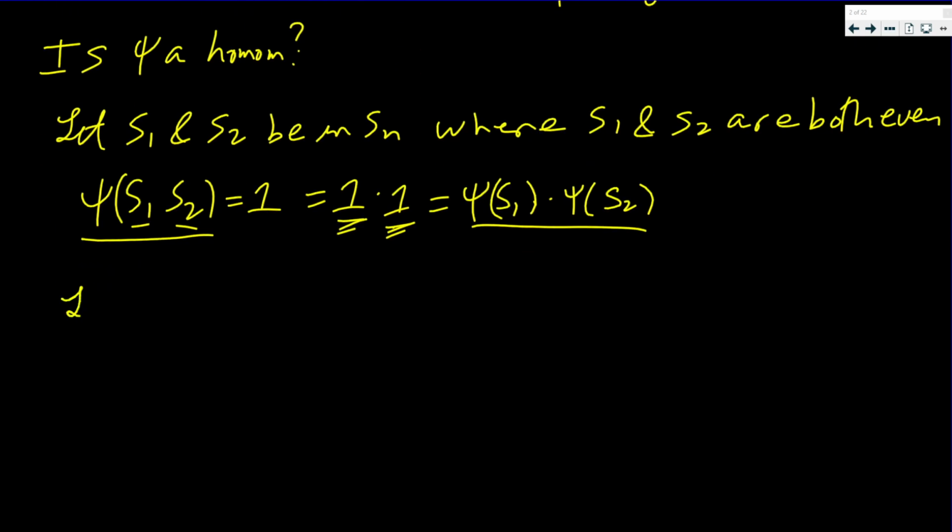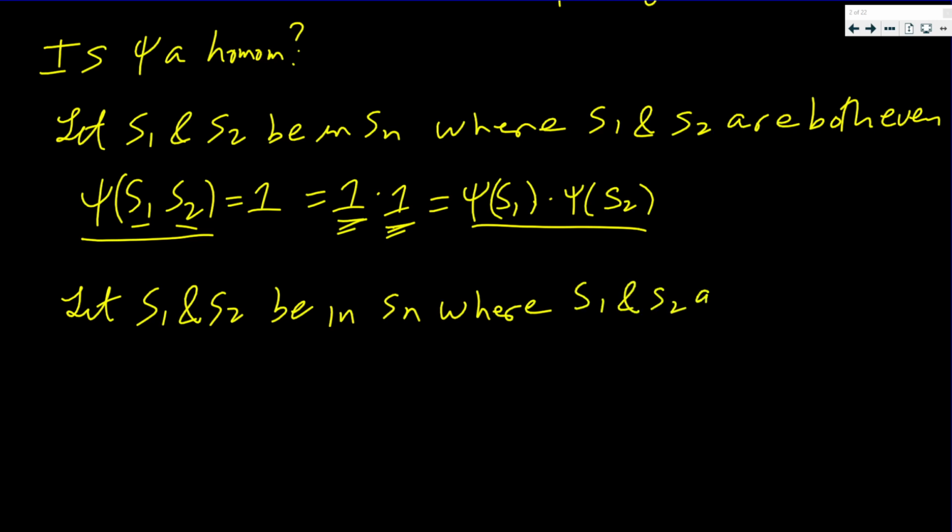Okay, now let S1 and S2 be in Sn, where both are odd permutations.